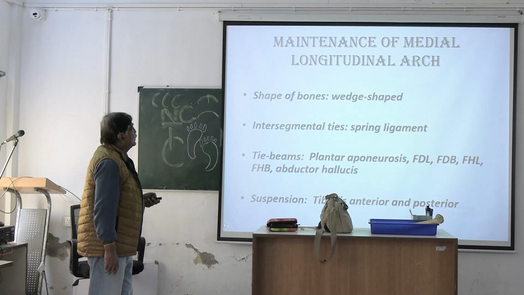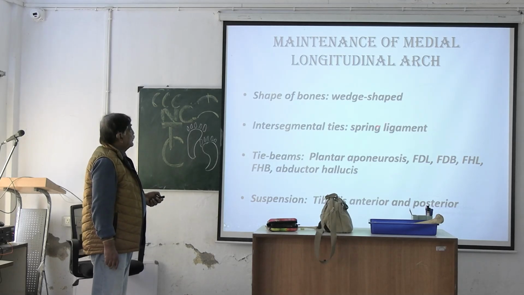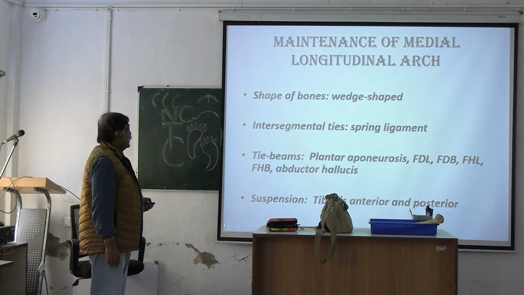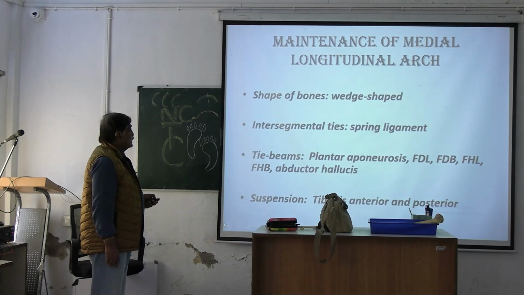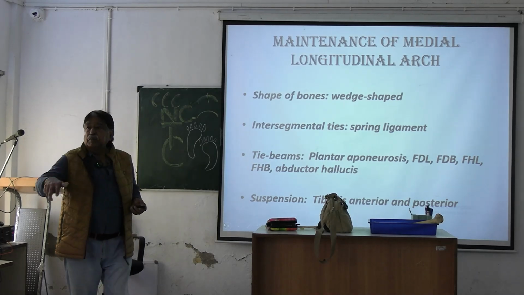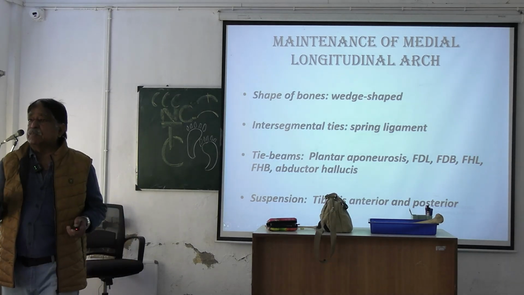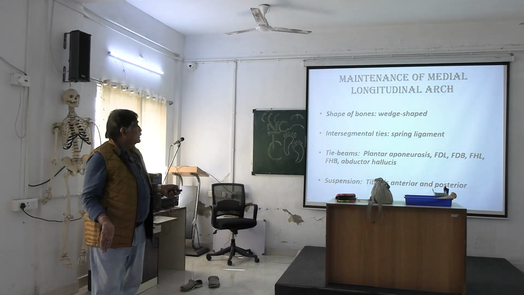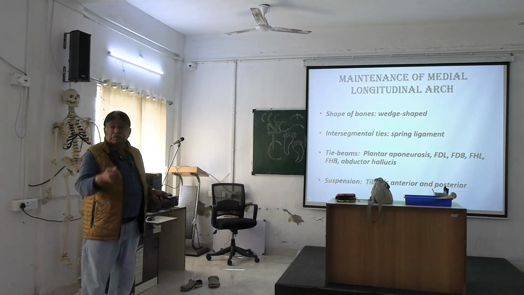Now, maintenance of the medial longitudinal arch: shape of bones, wedge-shaped; intersegmental ties, spring ligament; tie beams, plantar aponeurosis, flexor digitorum longus, flexor digitorum brevis, flexor hallucis longus, flexor hallucis brevis, abductor hallucis. These are the muscles and tendons that are supporting, all flexors, and the plantar aponeurosis.